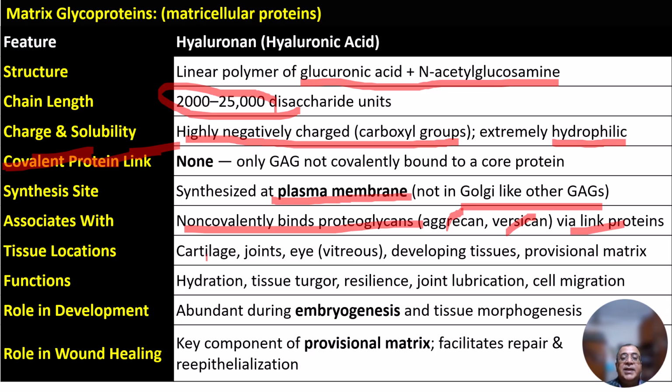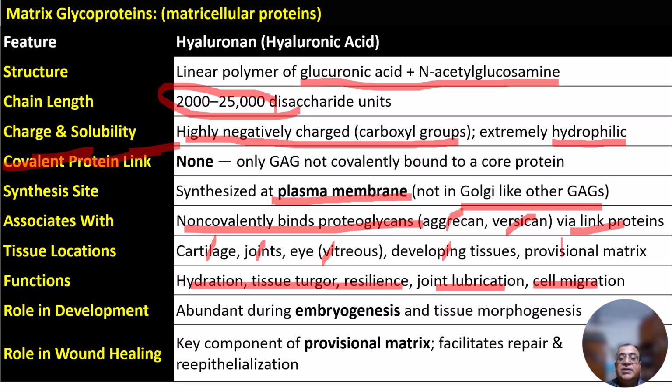They are present in cartilage, joints, the vitreous humor of the eye, developing tissue, and provisional matrix. The functions of hyaluronic acid are hydration to maintain tissue turgor and resilience, joint lubrication, and cell migration.